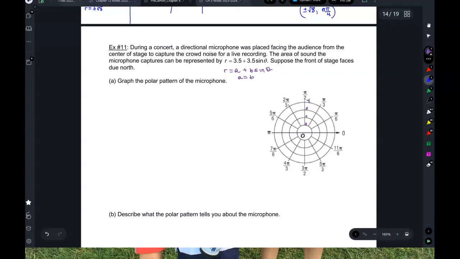This is 7. Okay. So look, this is a sine, right? Before we had graphed a cosine, which was centered on the horizontal polar axis. This is a sine, so it's going to be centered around pi over 2. So you could do a table just like we had done before and get all the points.